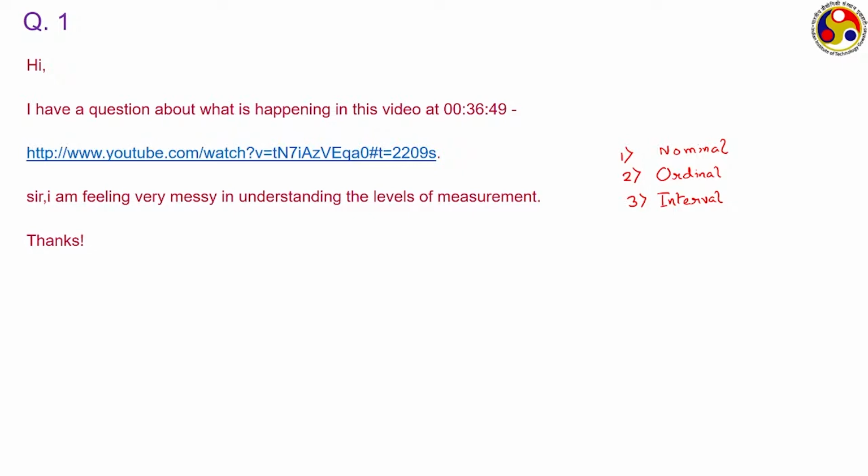The most common example, which I think I used during my lecture also, is temperature measurement. While devising any scale for temperature, we decide upon two standard points. One point is the ice point, that is the freezing point of water. The other reference point is the steam point, that is the normal boiling point of water.